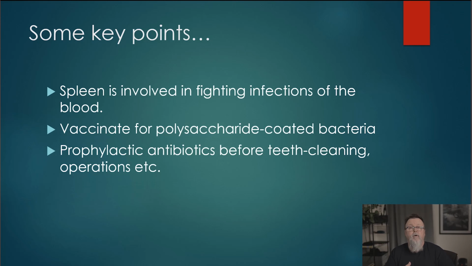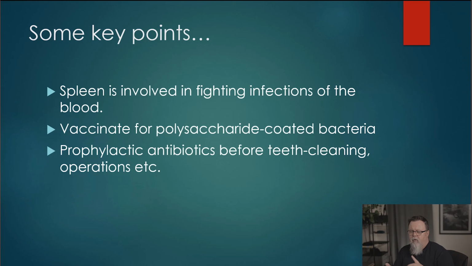So you will want to inform them that the spleen is not only a filter of the blood, but it's also involved in fighting infections of the blood. Of course, depending on their understanding and curiosity, you can explain that a little bit more, but the basic idea is that no, that's not all the spleen does. The spleen actually has a role in the lymphatic system and a role in fighting infections.